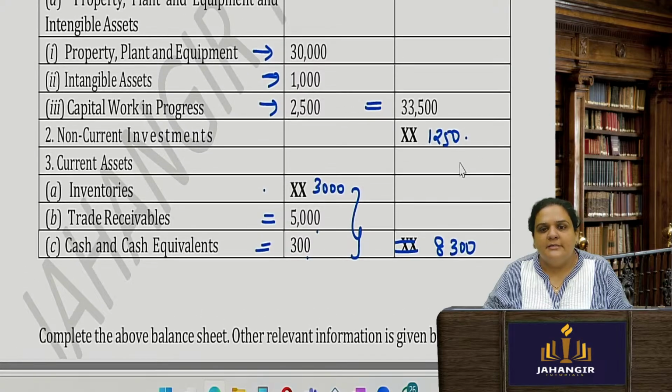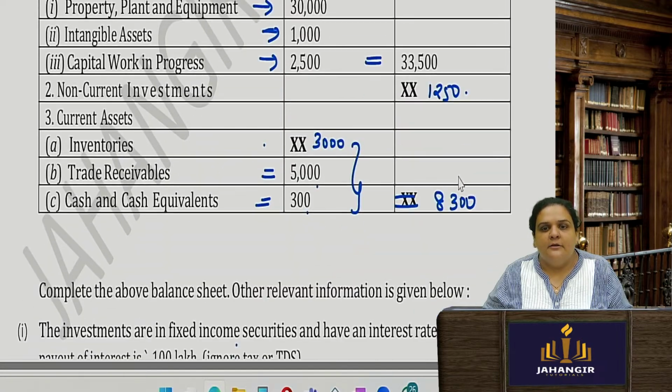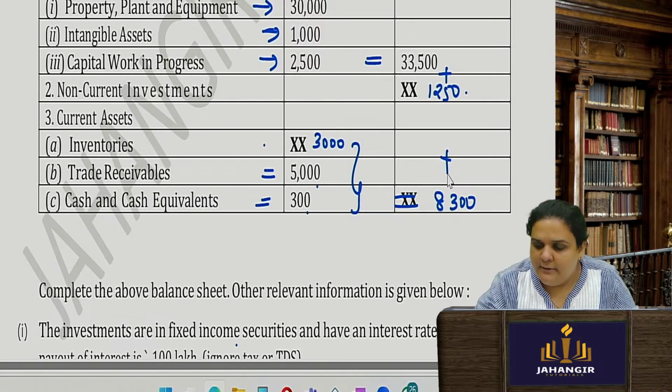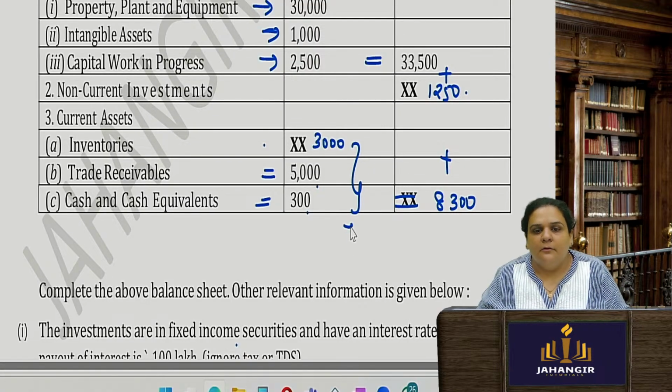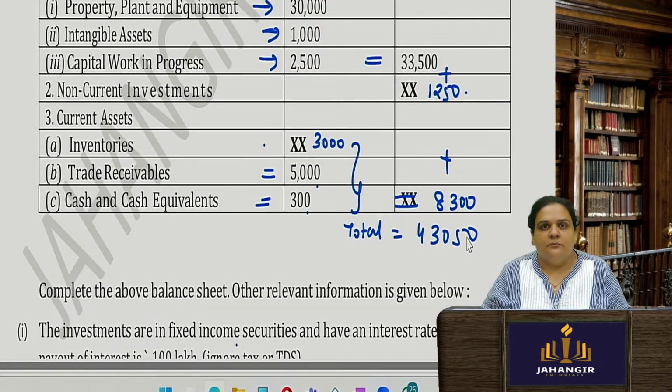So the current assets total I know. On the current asset side, 33,500 plus 1250 plus 8,300. The total will be 43,050.